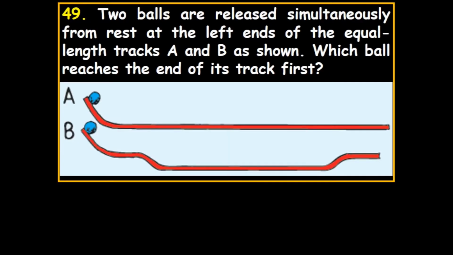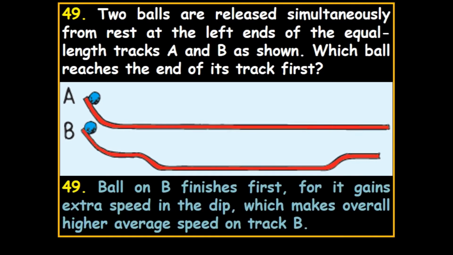Two balls are released simultaneously from rest at the left ends of the equal length tracks A and B as shown. Which ball reaches the end of its track first?